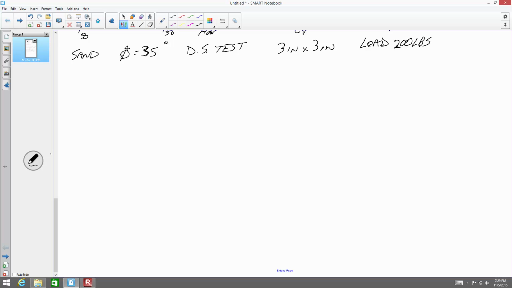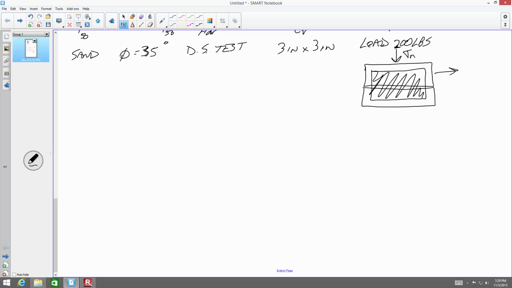If you recall, the direct shear box had a box on the top, a box on the bottom, separated by a very, very small amount of distance. Inside was the soil sample. We put a load on top of it, sigma n, to give us a sigma n value.